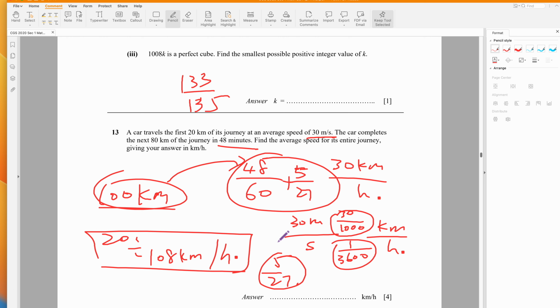There is a mixed number. This one divided by this one, there is a mixed number. 101 and 67 over 133 km per hour. Okay? Yeah, that's it.